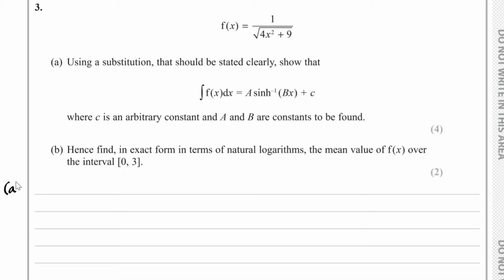So in this question, for part A, we're looking at the integral of 1 over the square root of 4x squared plus 9, with respect to x. Now, if you look at the final answer, we have an inverse hyperbolic sine.